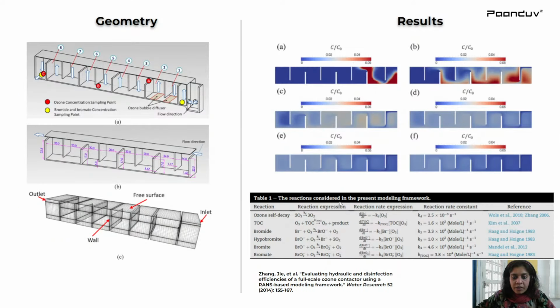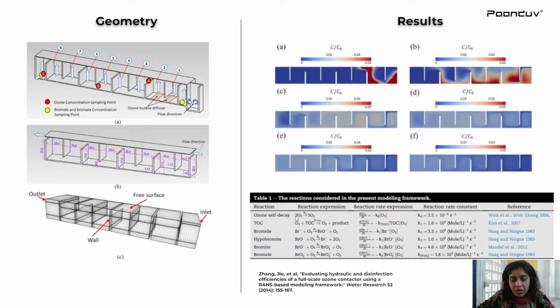In this particular case study, the authors have modeled a single phase flow as well as a multiphase flow using the Eulerian approach. Single phase flow will eventually give you where the dead zones are, if the flow is efficient or not. But they have also modeled a set of reactions which are happening in this particular ozone contact tank.